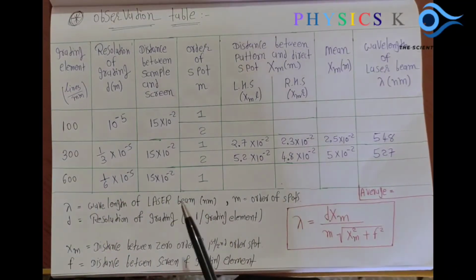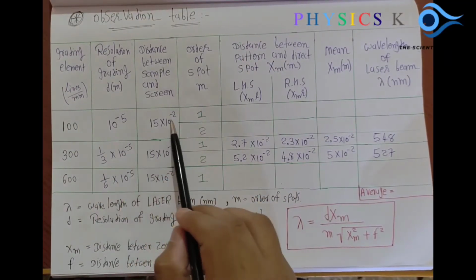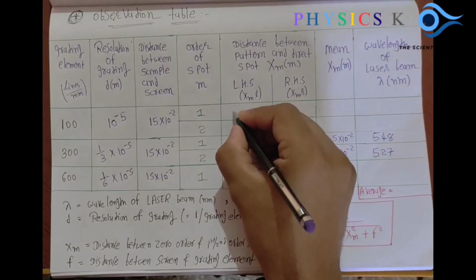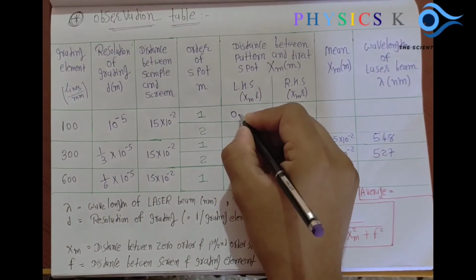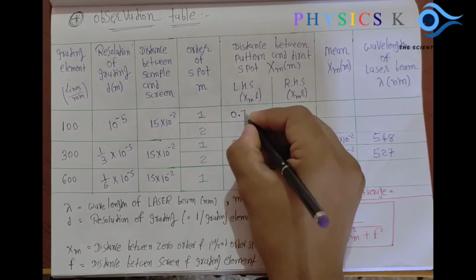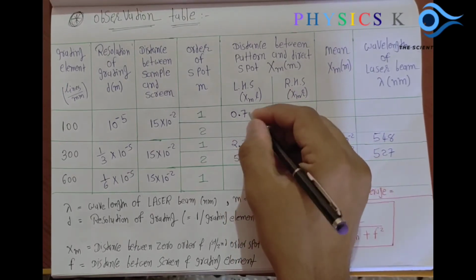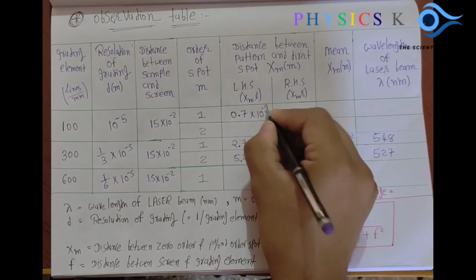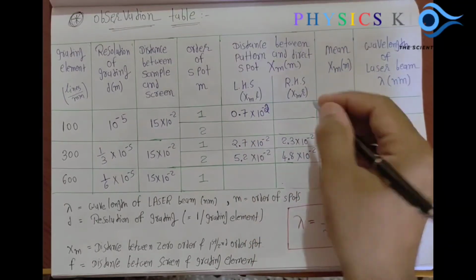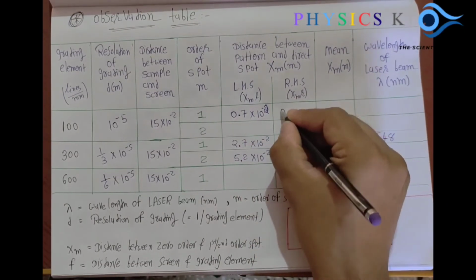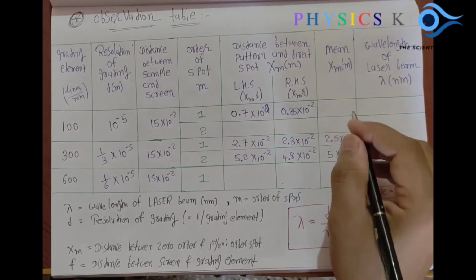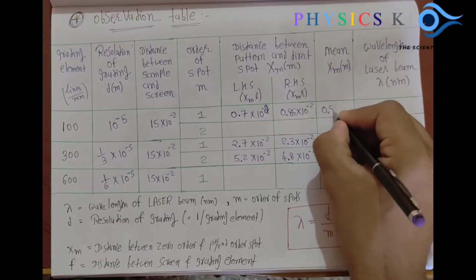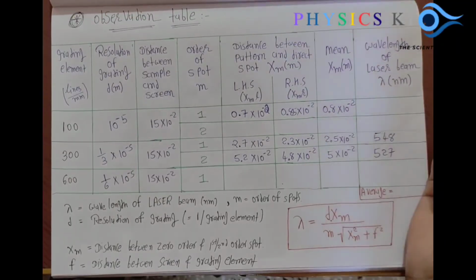So I am simply writing what our measurements are. For the first one it is very near, the distance is 0.7 × 10^-2, which is in meter. Right hand side I got 0.85 × 10^-2. Take an average, which is nearly 0.8 × 10^-2.